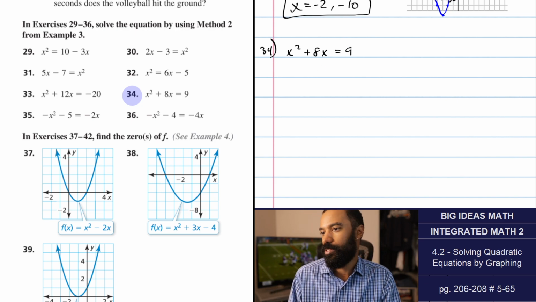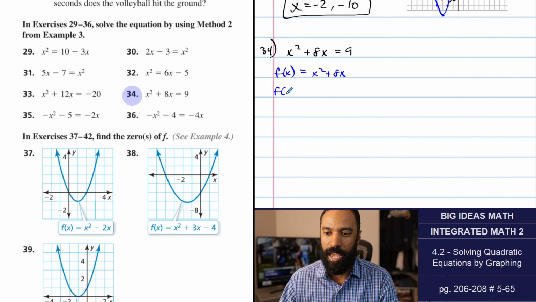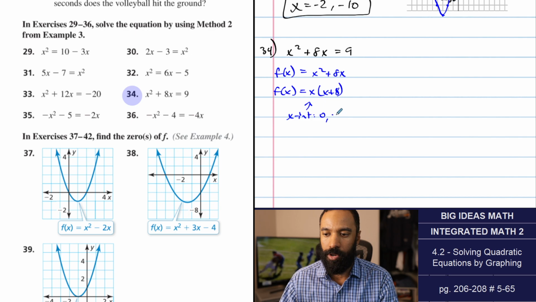So this is, once again, f of x on this side. Let's factor an x out as a GCF. And we will get x-intercepts of 0 and negative 8.